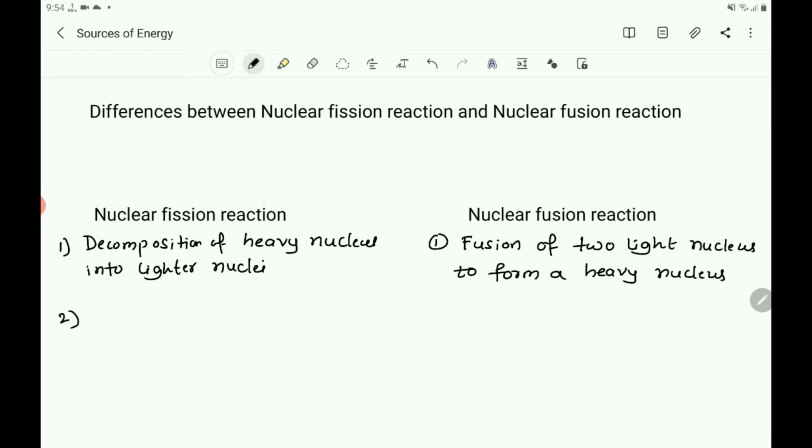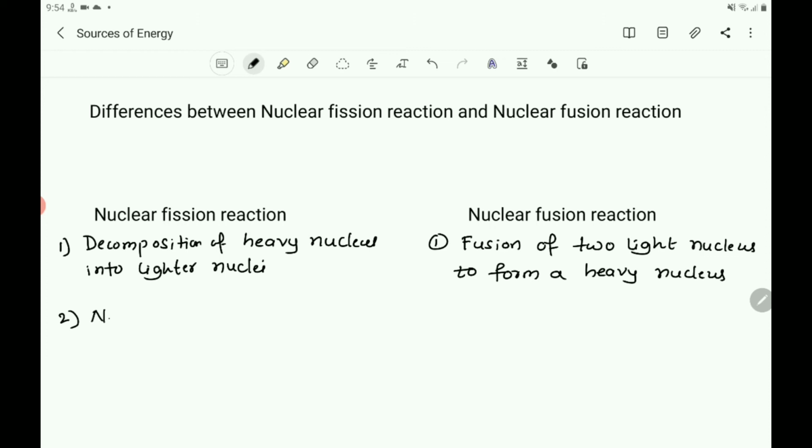Then second, needs ordinary initiation temperature. This nuclear fission reaction takes place at ordinary temperature. It starts at ordinary temperature, but to carry out this nuclear fusion reaction, maximum temperature and pressure is required.